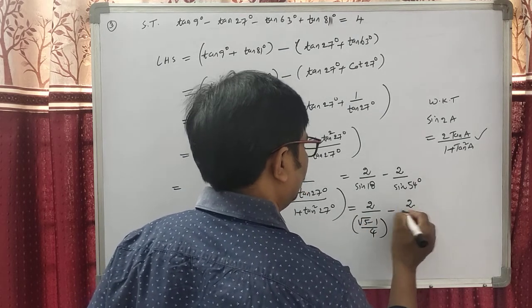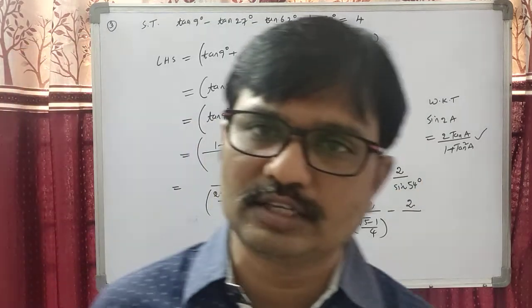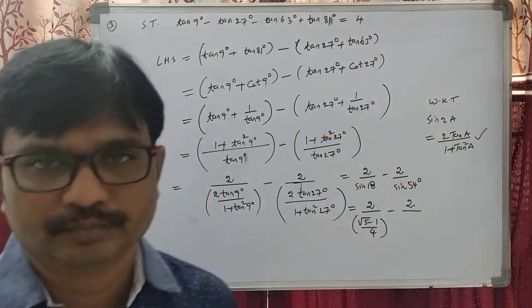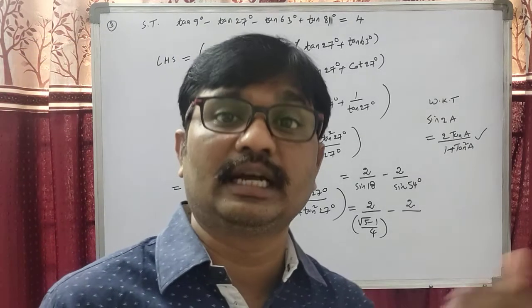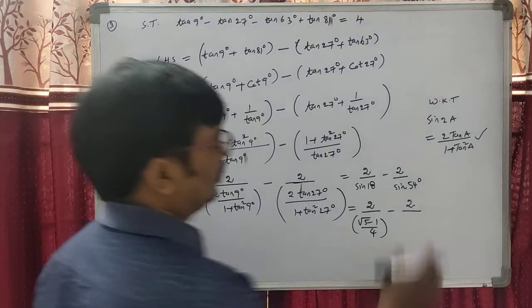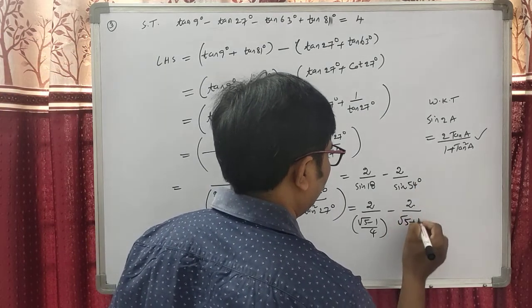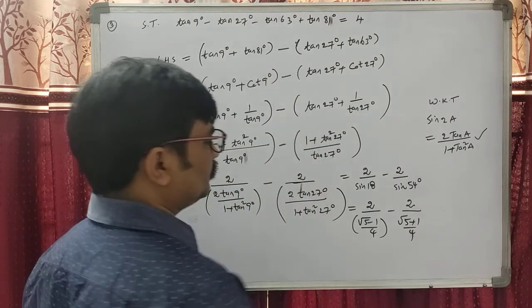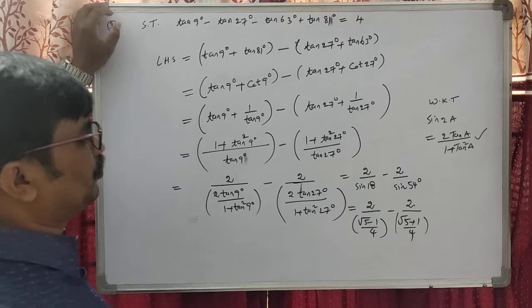We know that sin 54 is equal to cos of 36. Yes or no, students? Sin 54 equals cos 36. The value of cos 36 is root 5 plus 1 by 4. How do we write this, students?